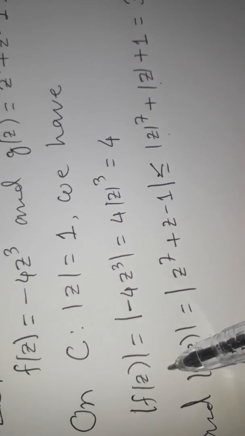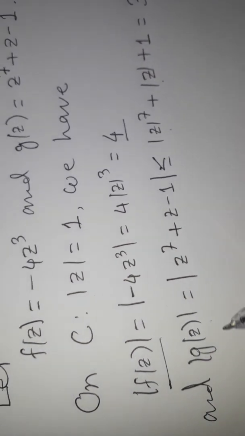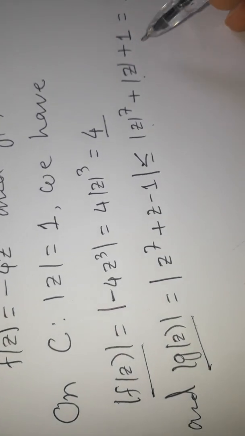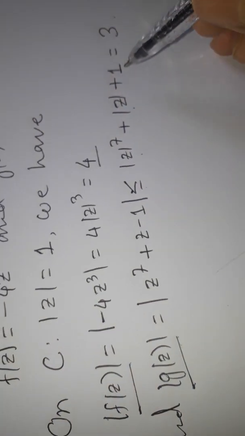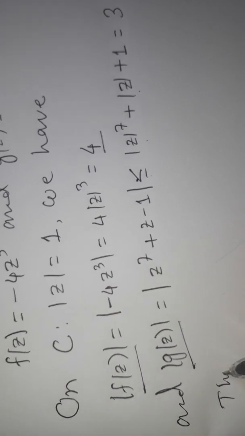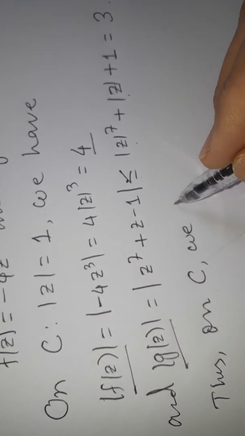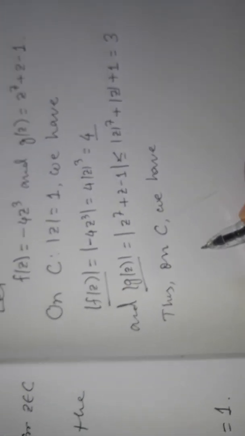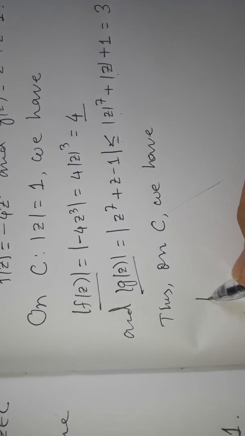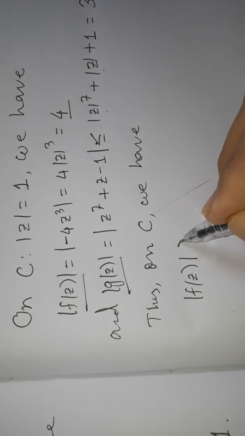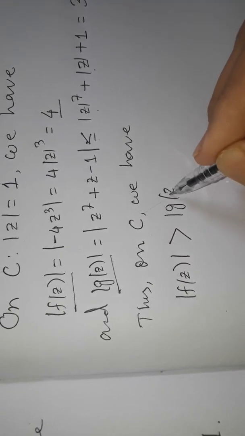So you see that modulus of f(z) is 4 and modulus of g(z) is less than or equal to 3. Thus on C, modulus of f(z) is greater than modulus of g(z).